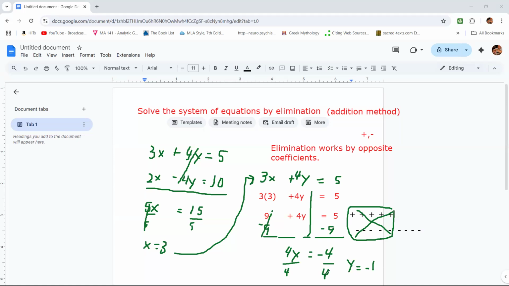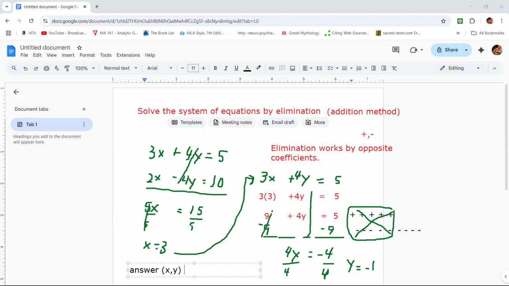Okay. Now, when we write the answer to a question like this, we write it as a pair. We talked about this last time. We write the answer in the form x, y.